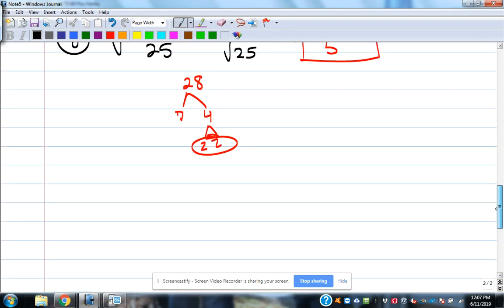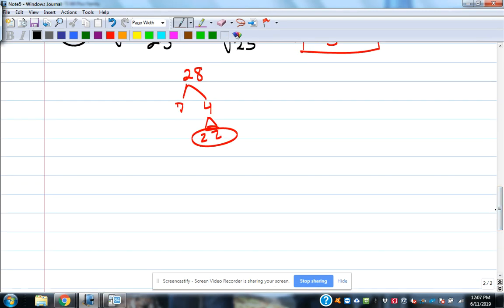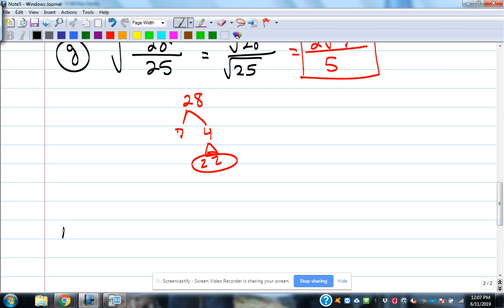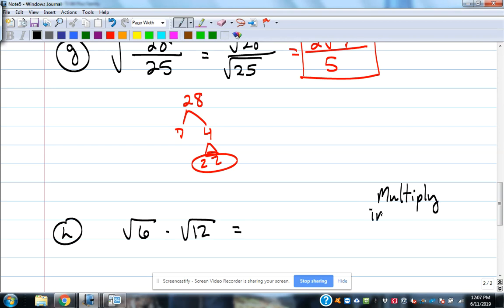Now, the other thing in this section would be multiplying radicals, or square roots, together. What letter am I on? H, not I. Square root of 6 times the square root of 12. The rule is multiply insides and outsides.